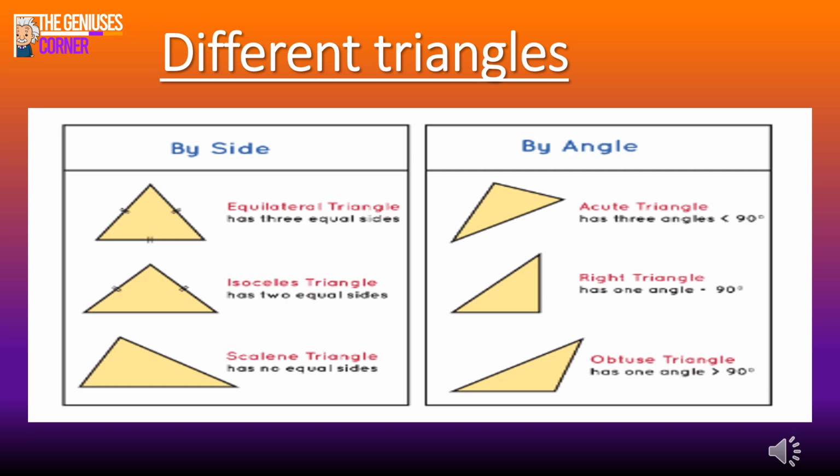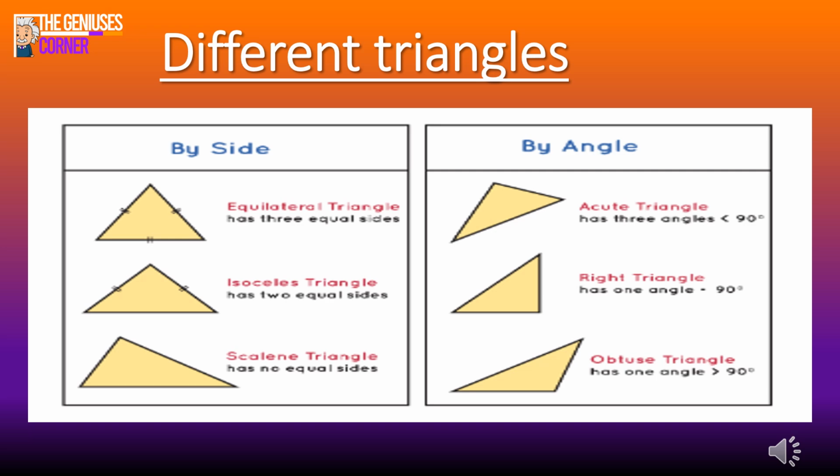Now let's go back to the equilateral triangle. What we need to know here is that all of the three angles of the equilateral triangle will always be equal. Now in the isosceles triangle, only the two base angles, the angles at the bottom, not at the top, will be equal.